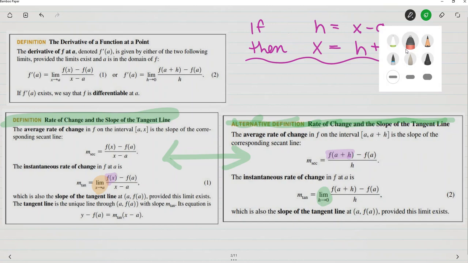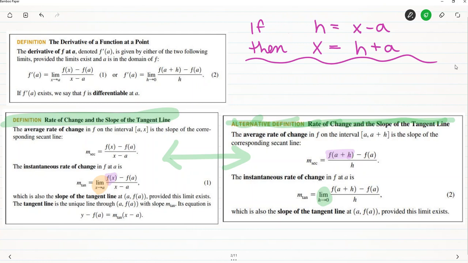Before we look at how these two compare, I want to clear up one short algebra piece. If we're evaluating a limit as x is approaching a, what we're saying is that as x is getting closer to a, this difference between them is getting closer and closer to 0.